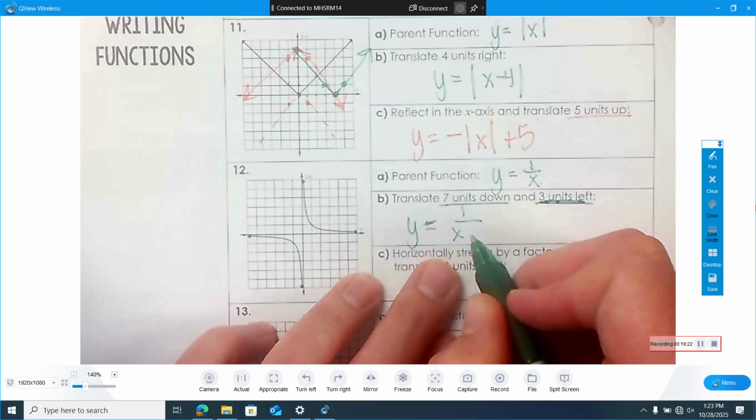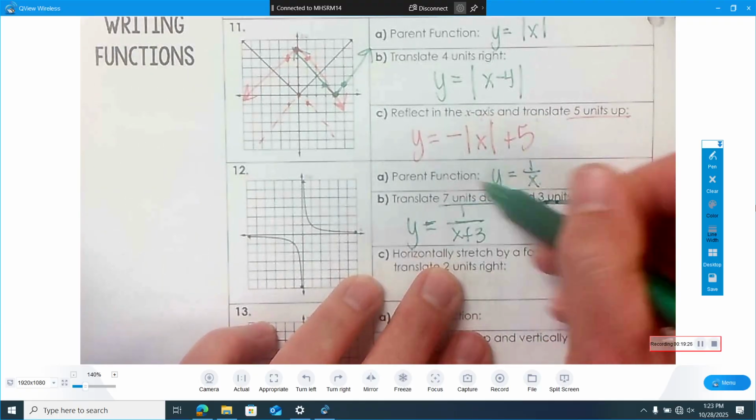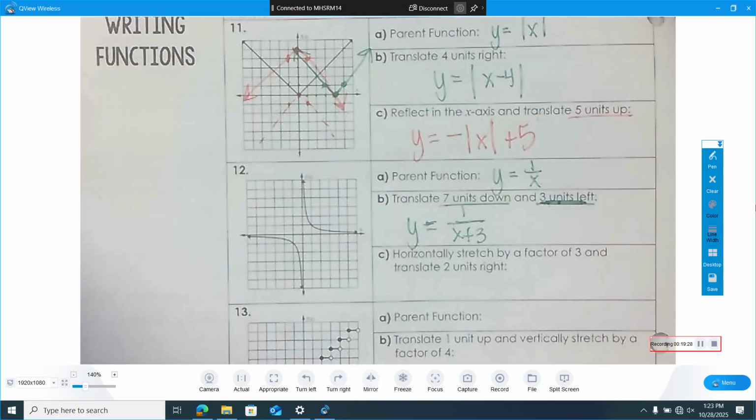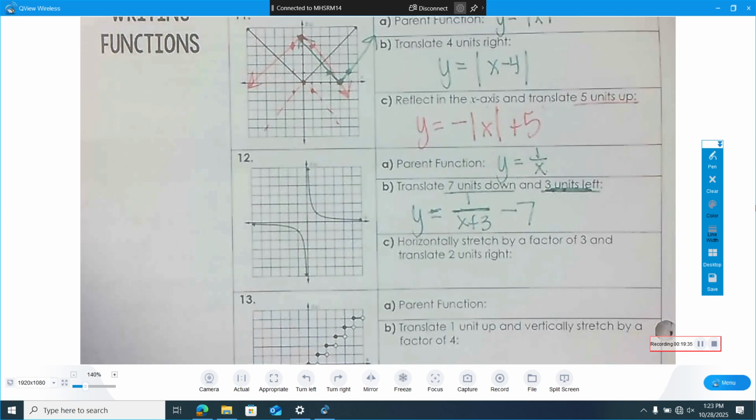X plus 3, very good. And now to shift it down 7 units, that's up and down, that's vertical. So we got to put this number outside, minus 7 on the outside. There we go. Does that make sense to you? Yeah? Could we check it with our calculators? Yes. Yeah? Okay.